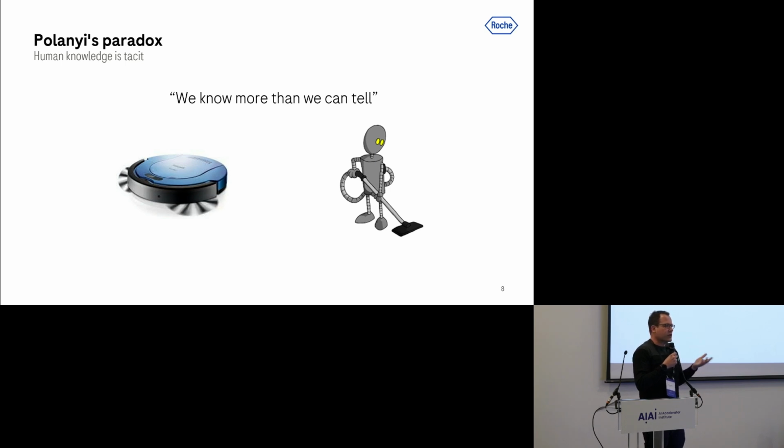This is very common in many of the things that we do day to day, like driving a car or identifying somebody's face or lifting a glass of water, right? So it's very hard to explain in detail how to do that. And this is why, for many years, this has been recognized as one of the obstacles in the field of AI and automation, because in order to write an algorithm or a system that does something automatically, you need a very good description of how you perform the task.